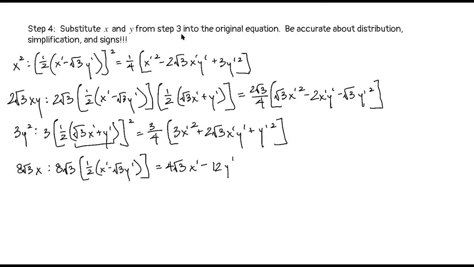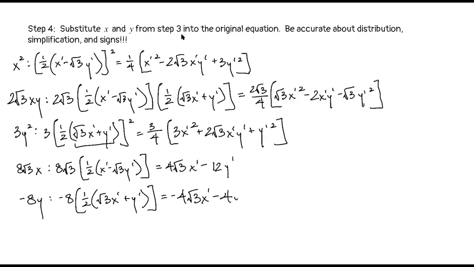All right, then for the negative 8y, we get negative 8 times 1/2 root 3 x prime plus y prime. And this is going to give me negative 4 root 3 x prime minus 4y prime. And then my 32 just gives me a 32.